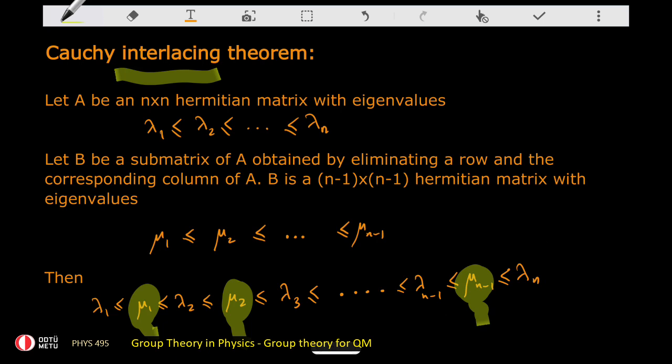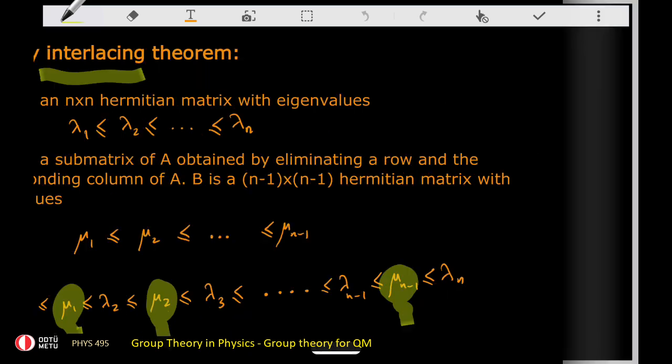Somehow the eigenvalues of the submatrix lie between them. So this is for the special case of the submatrix obtained by eliminating one row and column. We can then generalize this to an arbitrary submatrix. I'm going to do it at the end, but let's just discuss that particular relationship.